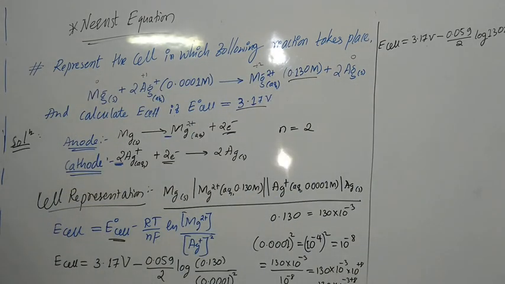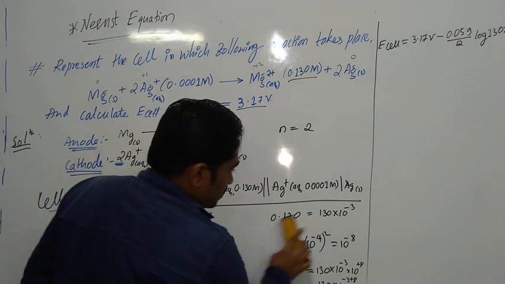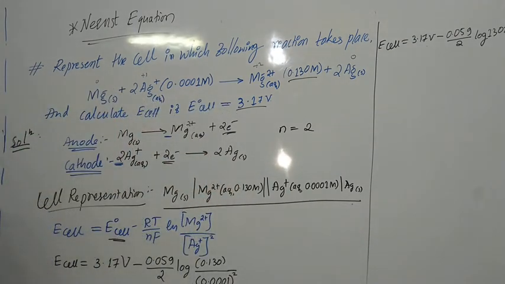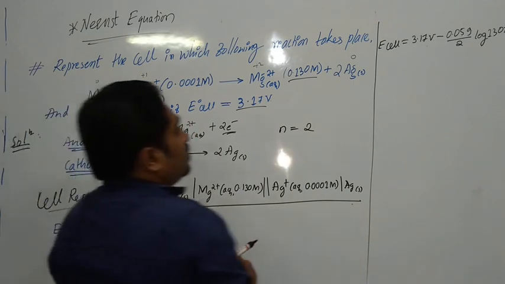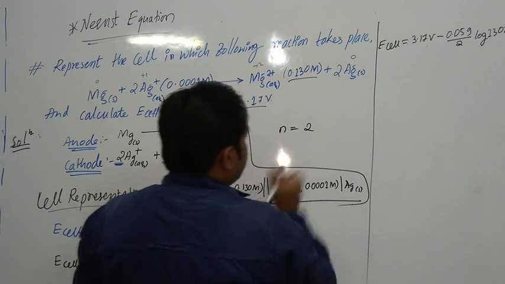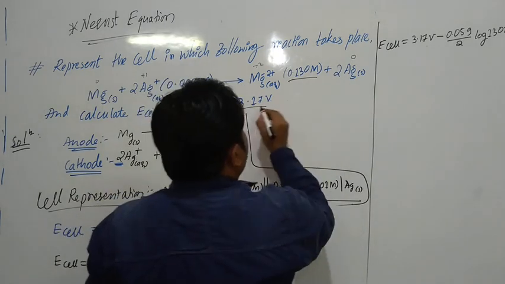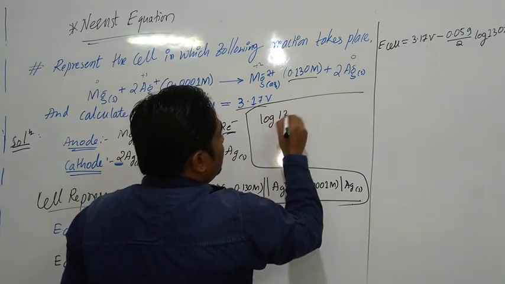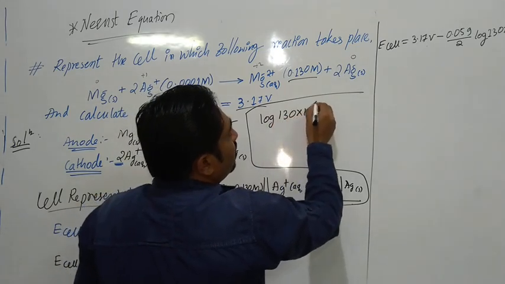They have given log of 130 into 10 to the power 5.